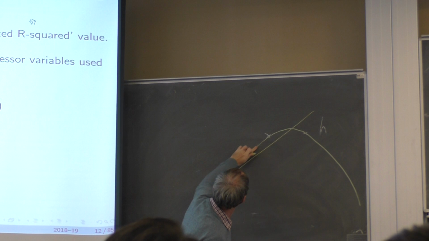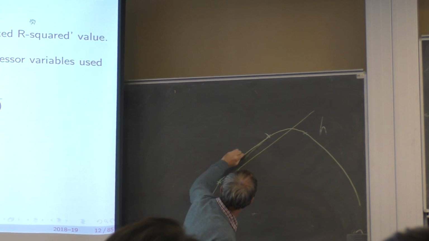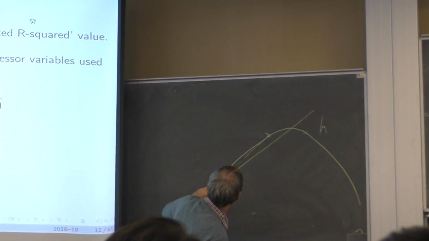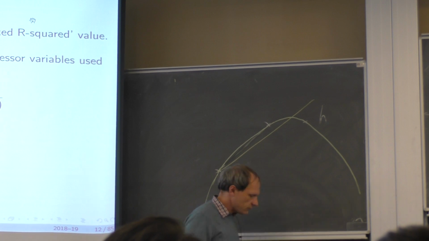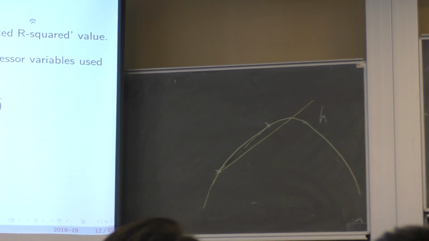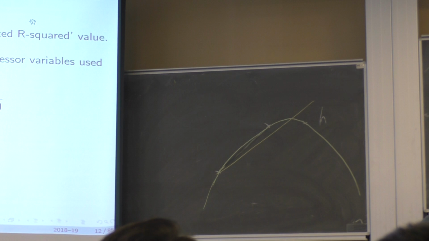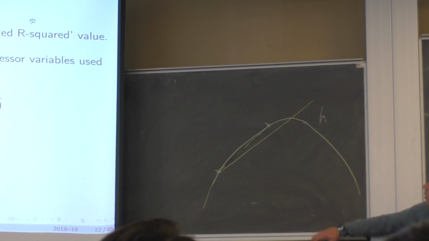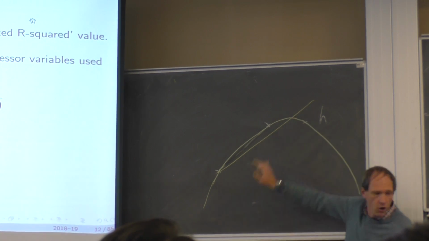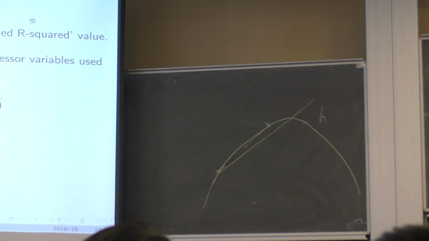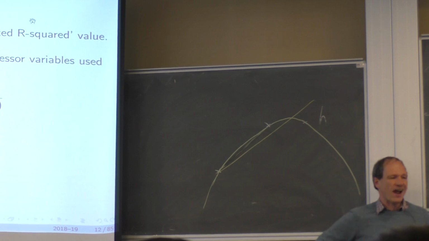I made it look a little bit too much like a straight line in that bit, so let me just draw that bit again. Okay, so that's actually giving us a perfect fit for the 3 points that we've got. So R squared will have gone up. For the yellow one that I did first, the straight line fit, it will have been a little bit less than 1. But for the quadratic fit that I've just done, it will be exactly 1.